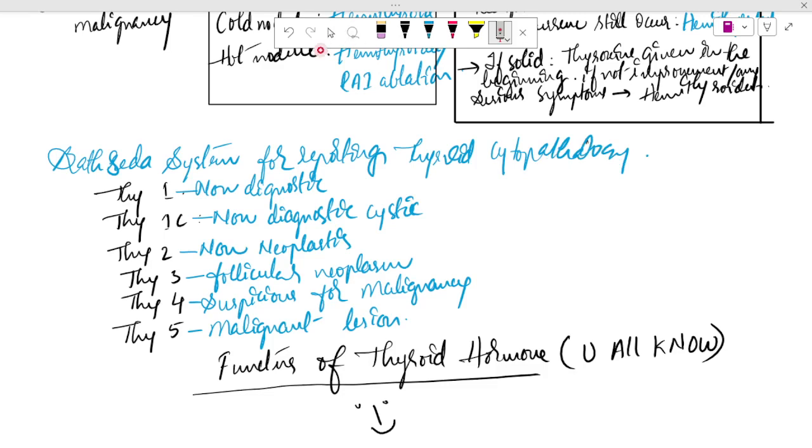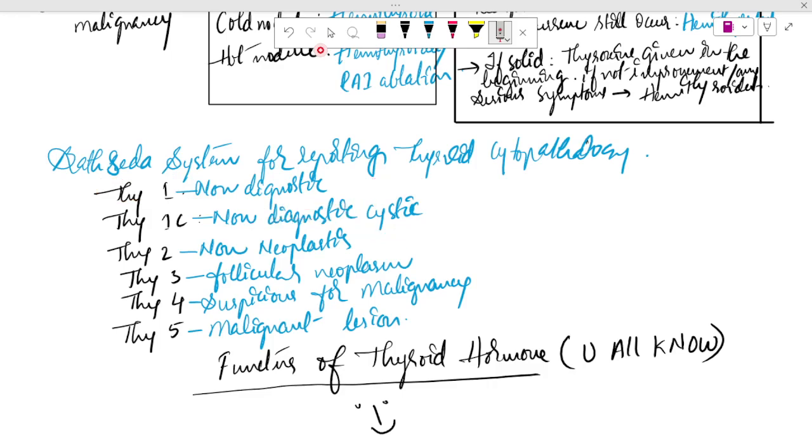For example, we are unable to diagnose what actually it is. So it is a non-diagnostic condition. So it is categorized under THY1. Right? Now, we have recognized it as a cystic condition, but we are unable to diagnose it perfectly.